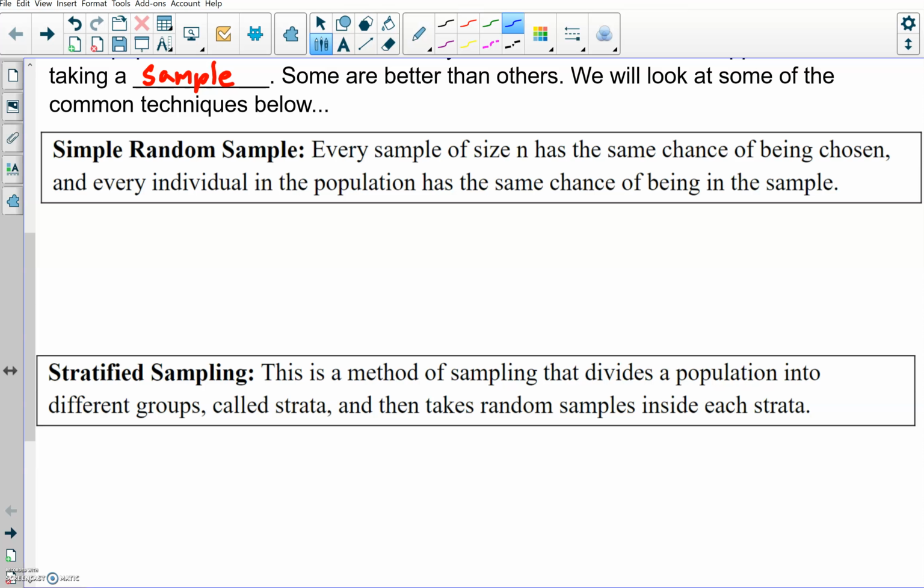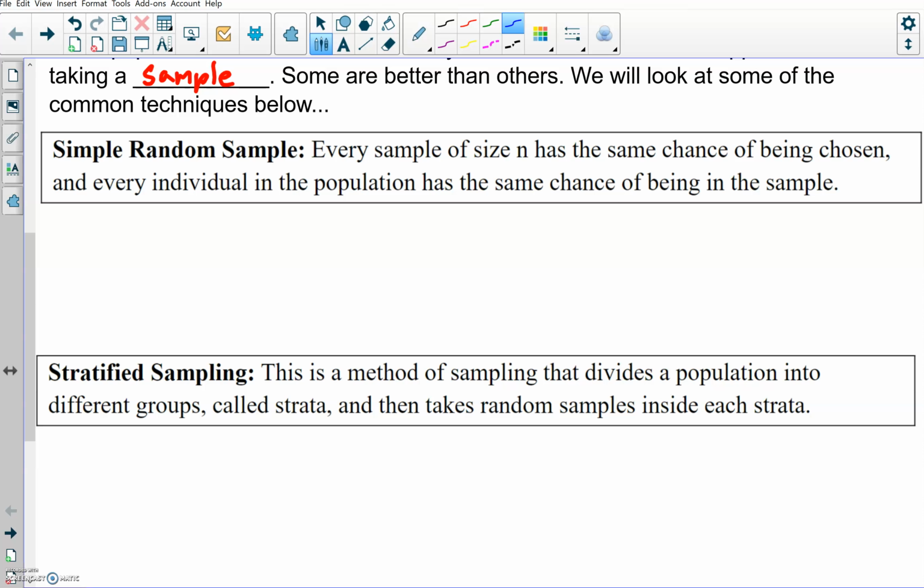It's like you're blindfolded, just picking blindly. A lot of times now what they'll do is they'll use random number generators on a computer in order to help randomly pick people out of the population. You take your whole list of people and put numbers next to each name, and then you use a random number generator to pick numbers that you would use to select your sample.